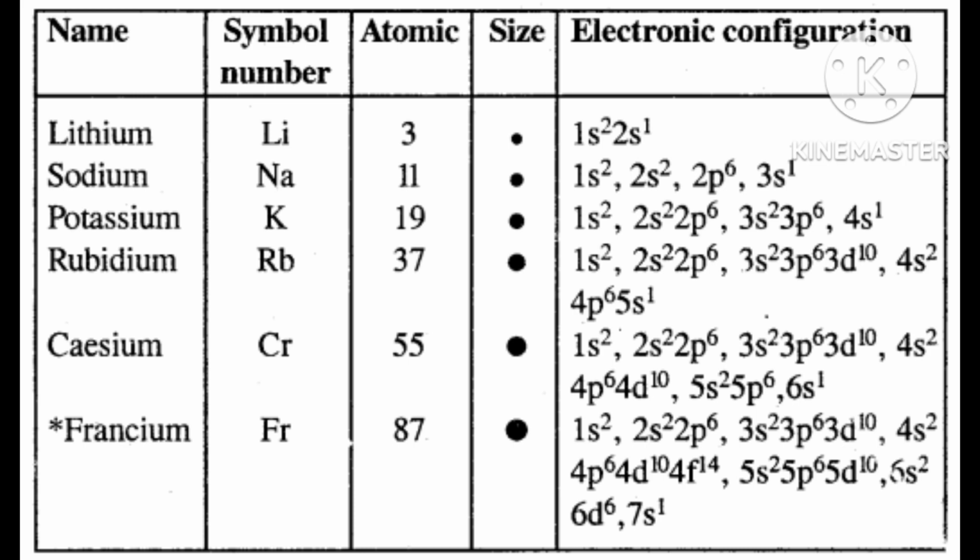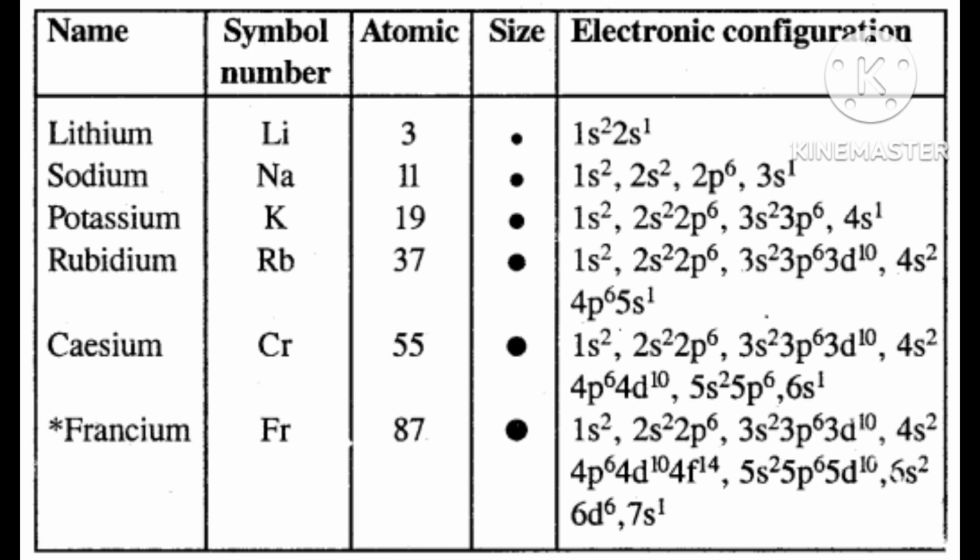The reason is that size is becoming bigger and bigger as we go from lithium to cesium. Then the outer electron will be far from the nucleus, the nucleus effect will be less on the last electron of the last orbit, hence it can easily be removed.